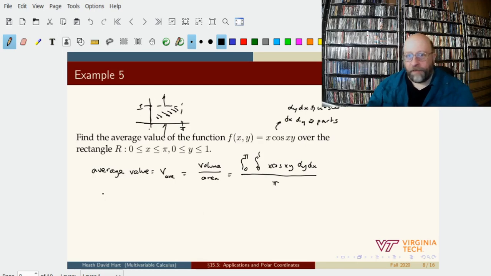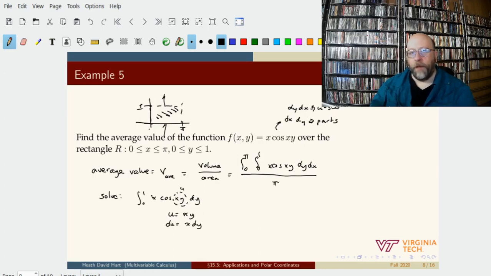Now, I'm not going to solve this because I do want to move on to some other examples, but I'll get you started on the u substitution. The u substitution step here: if I let u equal xy, then du is equal to x dy. And so this is my u. This is my du.